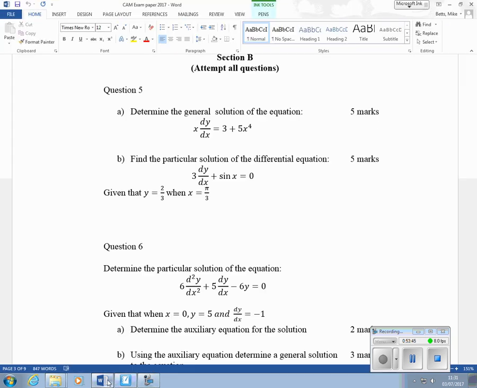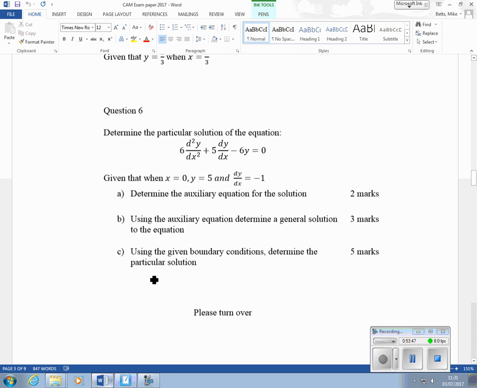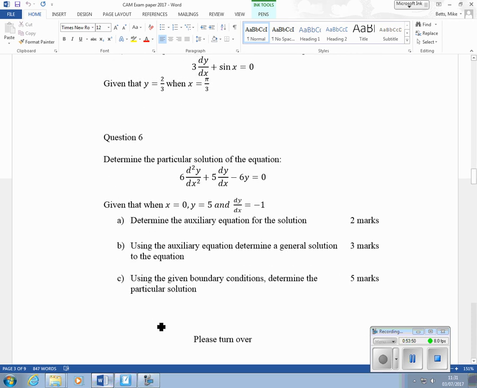Right, the next question, second order differential. There's only one part to it because it's a little bit longer anyway, but determine a particular solution of the equation 6 d2y by dx squared plus 5 dy by dx minus 6y equals 0. So that's a second order because it's got a second differential in it.